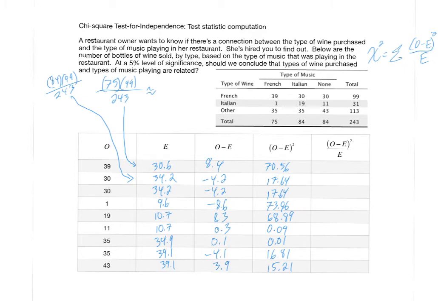Then finally, we need to do this division here. So we need to take these squares and divide by the corresponding E's. For this first one, we do 70.56 divided by 30.6, and we get 2.31. We continue this process, and we get 0.52 here, 0.52 here, 7.7, 6.44, 0.01, approximately 0 here when you round to the hundredths place, 0.43, and finally 0.39.